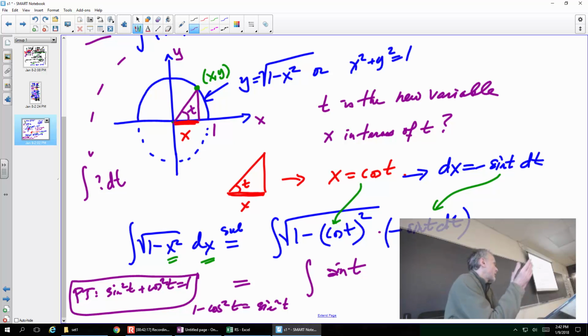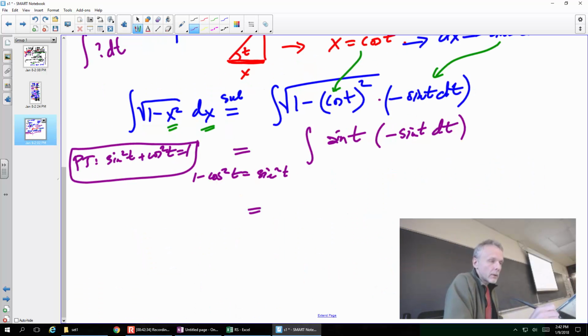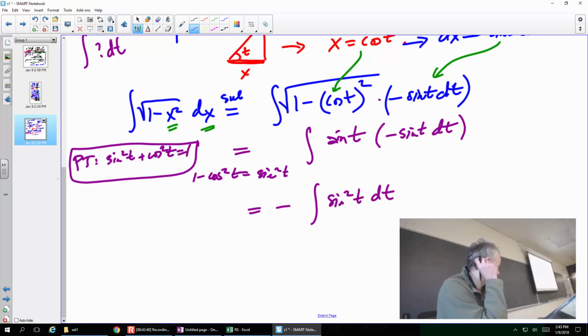I don't need the absolute value here because we're talking about the upper half of the circle, so sine is positive, and we don't have to worry about the absolute value. And here I still have negative sine t dt. I simplified, and I have negative integral of sine squared t dt, which is really not very encouraging.